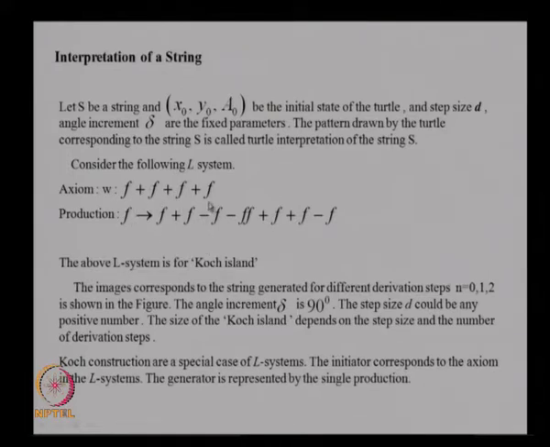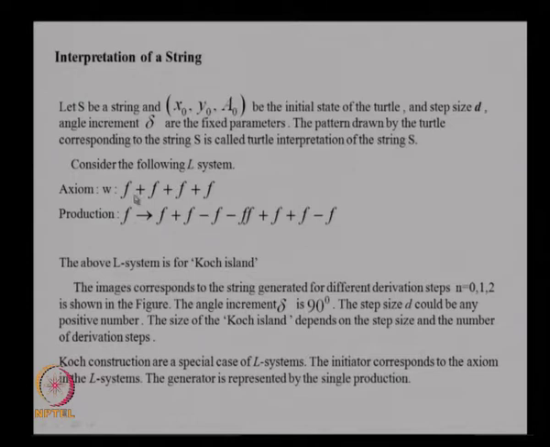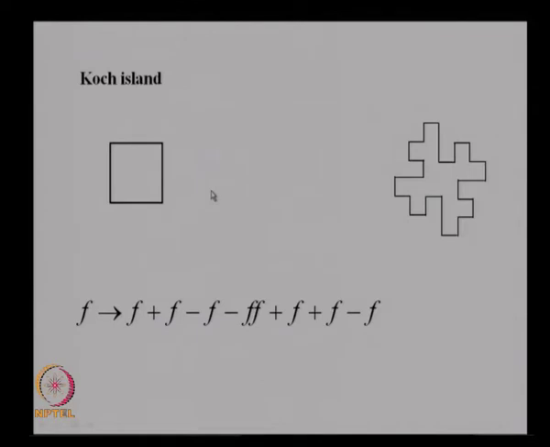Look at the axiom carefully again, F plus F plus F plus F, and if F denotes draw a line of unit length and plus denotes turn anti-clockwise through 90 degrees, what does the axiom denote? It denotes F, plus means turn, F plus, F plus, F. So, you draw a square.